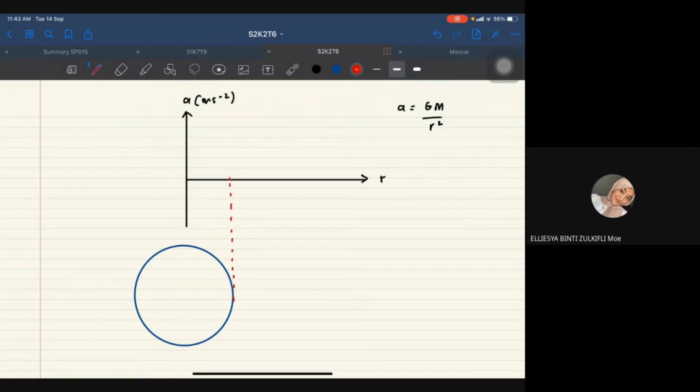Okay, so over here the relation is A inversely proportional to the r square, because this two is a constant. Mass of the earth, katakan ini bumi, let's say di bumi, there could be any planet, but let's say this is earth.